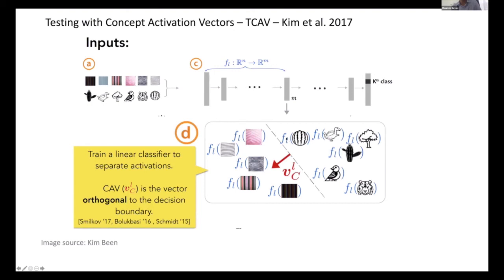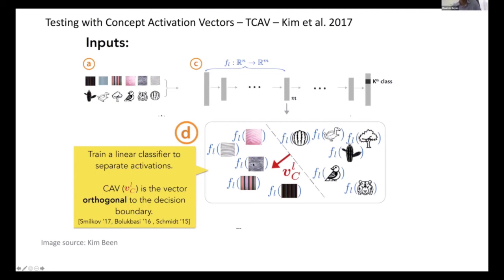So for example, here you see I'm applying my model at a given layer L, so up to here, for all my non-concept as well as my concept samples. And I'm going to then create a model that separates between these two. So I want to differentiate between concept and non-concept objects. This generates this red arrow you see here, which is telling me I'm moving away from the concept, or towards the concept.